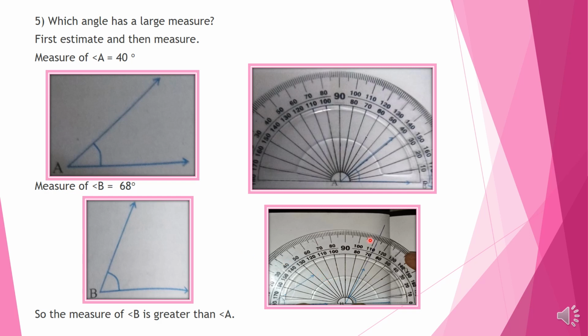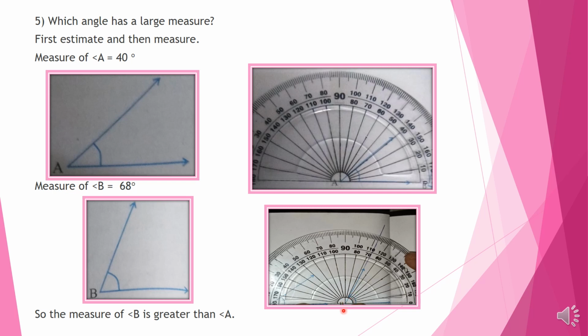Children, if you are not getting the correct measurement by looking at the line here, you can extend the line. I have extended the line here. You can see the line I have extended, or made bigger using a pencil. Okay children, if you have doubt you can do it this way with a pencil.